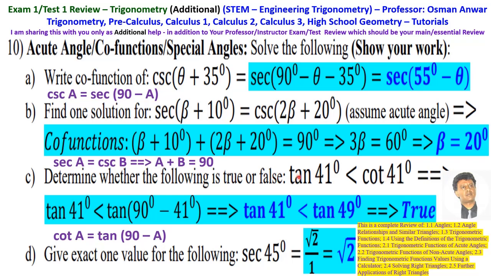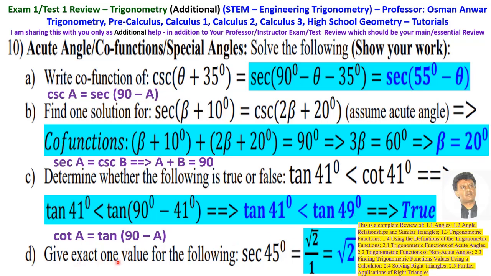Then let's turn the cotan 41 degree to tan, and that is cotan 41 degree is tan 90 minus 41 degree. That is cotan A is equal to tan 90 minus A. Then now we have tan 41 degree is less than tan 49 degree, and this is true. Now you can compare that.